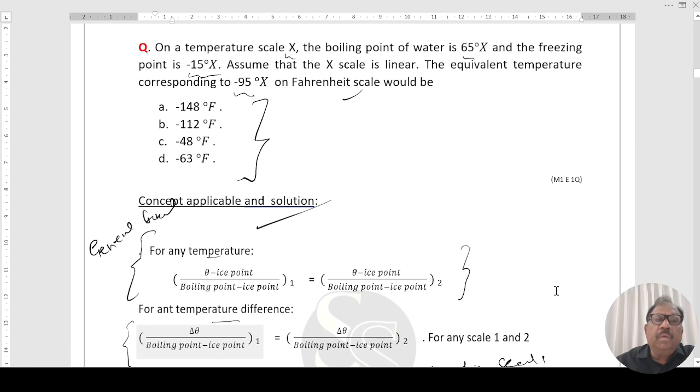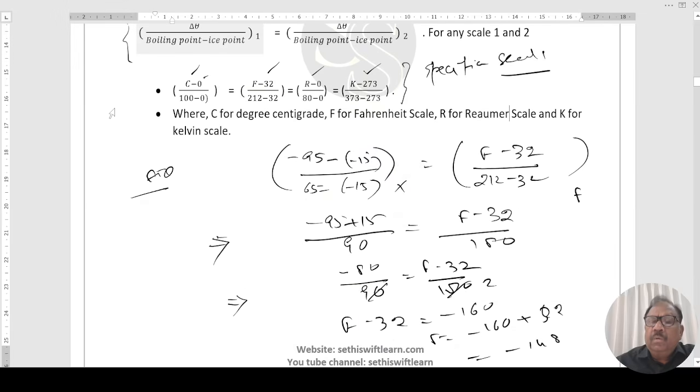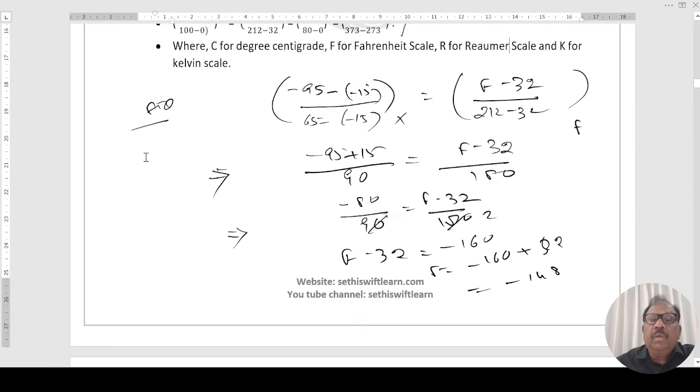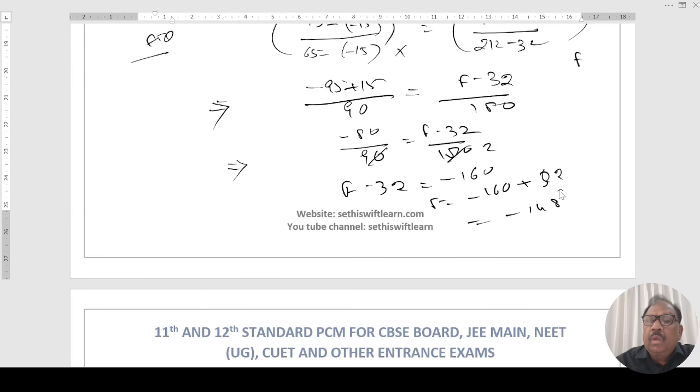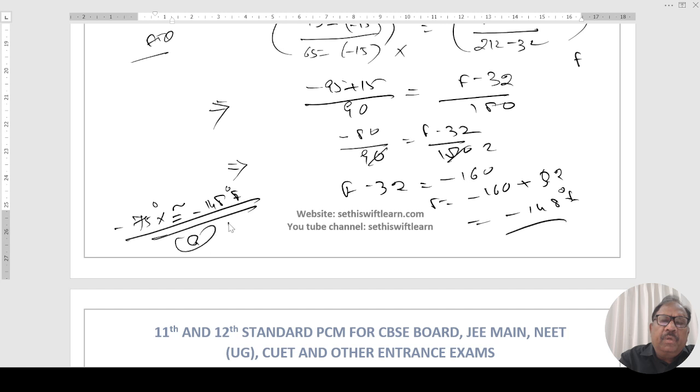Minus 148 is the option, yes, A is the correct option. So F comes out to be minus 148 degree Fahrenheit, meaning minus 75 on the X scale is equivalent to minus 148 degree Fahrenheit. Option A is correct. Right? Next question.